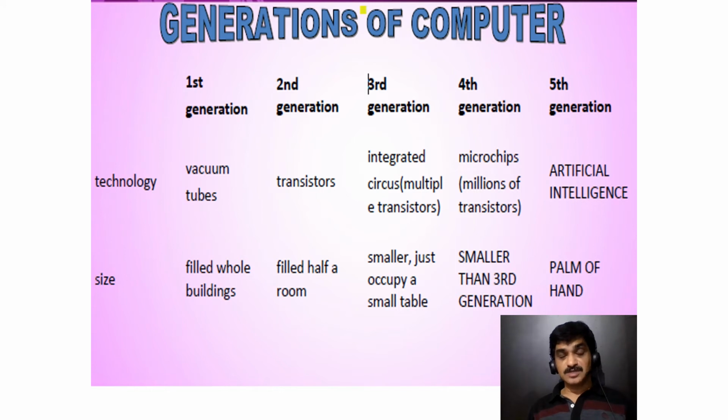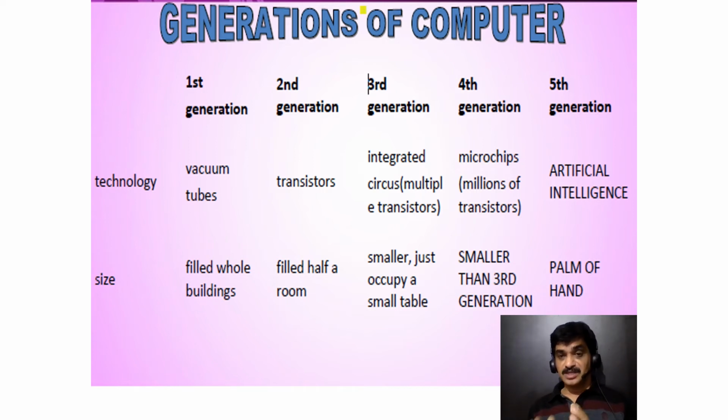The fourth generation was still further upgraded. Here it is the era of microchips. Millions of transistors could be accommodated in one small microchip. So that technology advanced from vacuum tubes to transistors to integrated circuits to microchips.